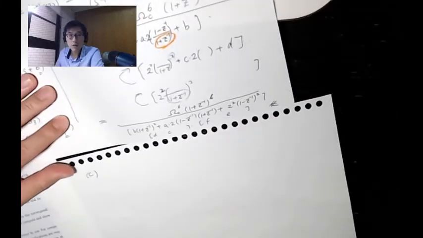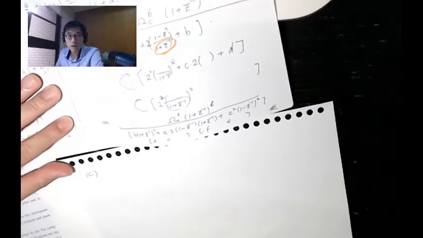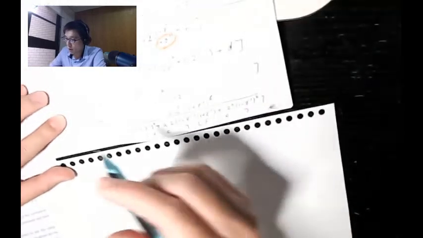For part C, now we have for part B an expression like this, and this is our H of z.